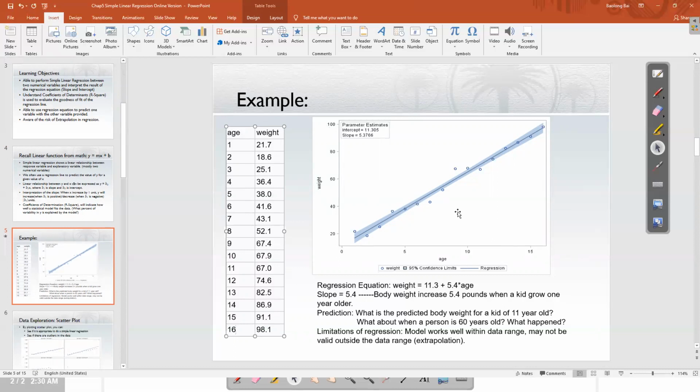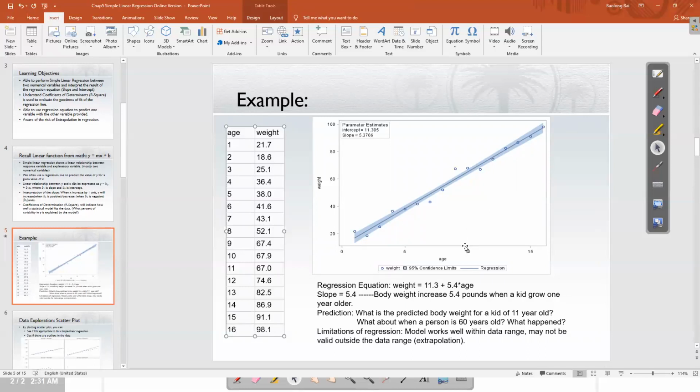So we can draw a scatter plot. Every mark on the XY plane is a kid, an individual. So we can see that there is a very, very strong positive linear relationship, right? So then can we quantify that linear relationship? Can we find the slope and the intercept for this linear relationship, right?